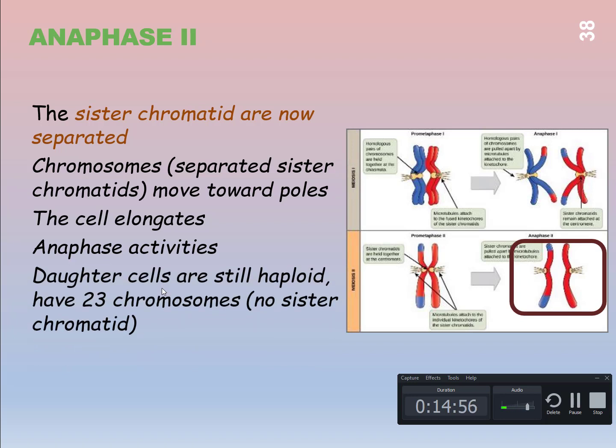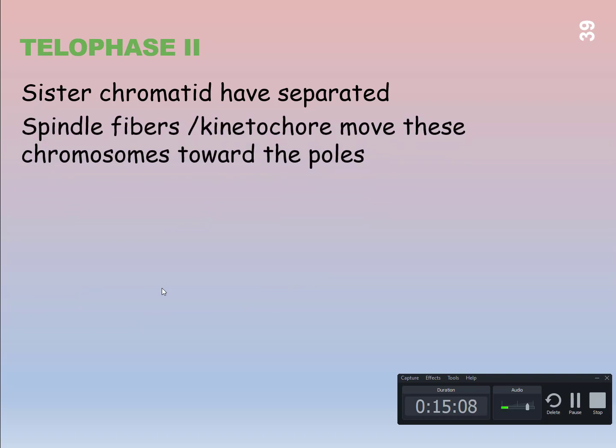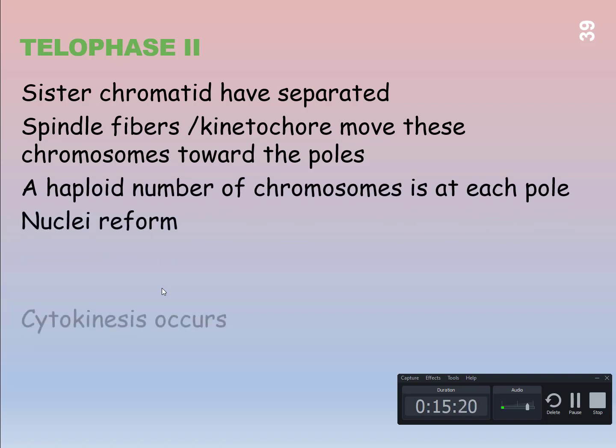At the end of all this, the daughter cells are still haploid. We still have 23 chromosomes in each of these cells. The sister chromatids have been split. Same generic process that happened in telophase for mitosis, except, of course, the fact that it's now haploid instead of diploid.